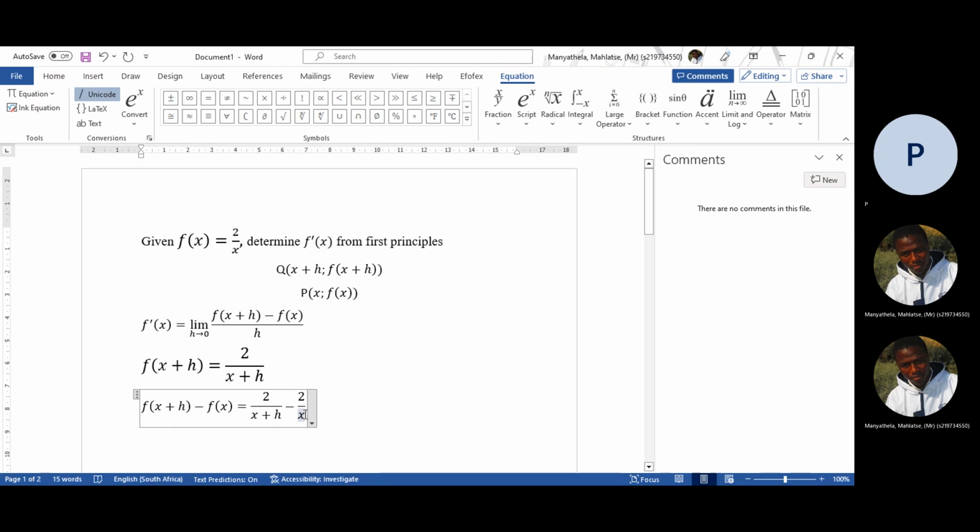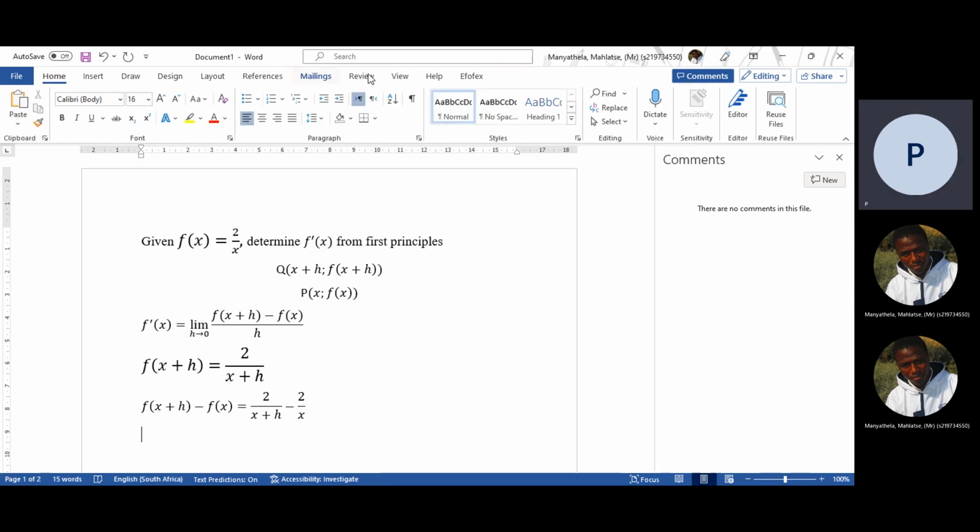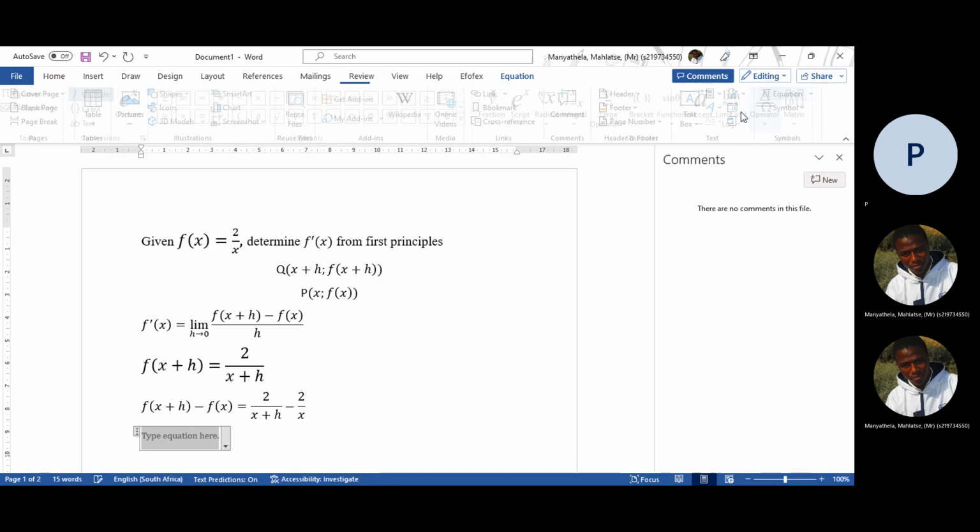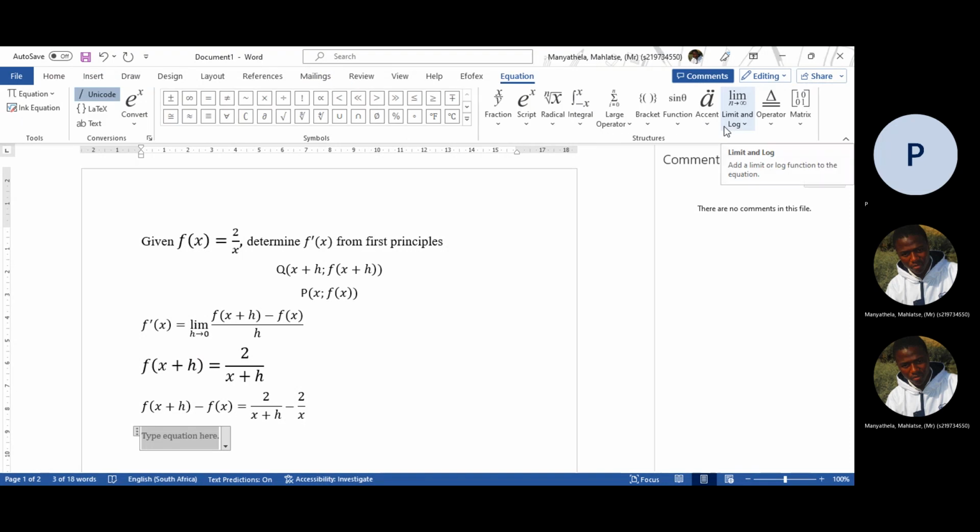We're having a fraction, so this one will multiply this one, and then we'll multiply the numerators. So it will be 2 will multiply x, and then negative 2 will multiply x plus h, all over x, which is multiplying x plus h.